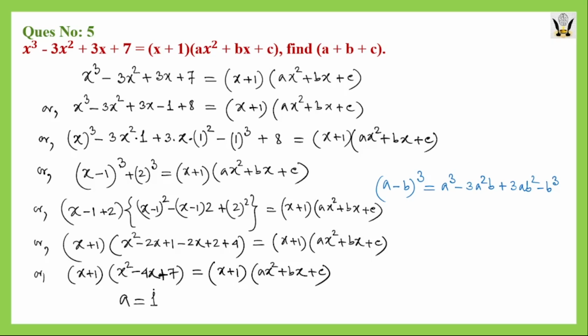Then b will be equal to minus 4. Here the coefficient of x is b, and there the coefficient of x is minus 4, and the value of c will be 7. So now if we calculate a plus b plus c, then it will be 1 minus 4 plus 7. So finally it will be 8 minus 4, and that will be 4 only.